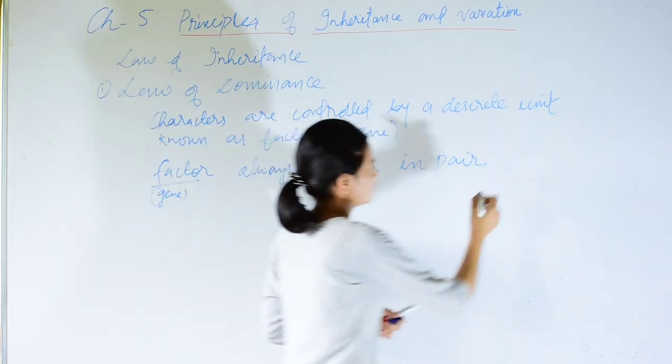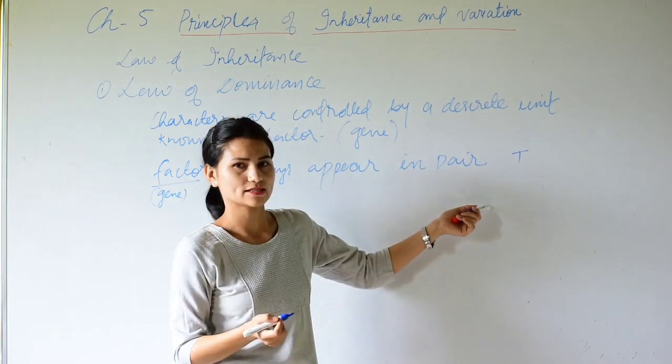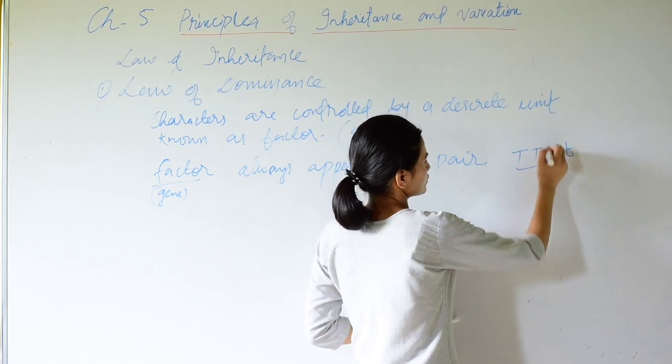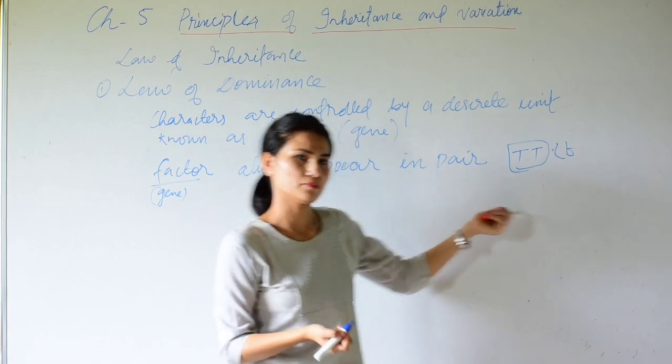For example, when you took the character of same height, that is capital T or small t, this is a gene, and they will always appear in a pair.